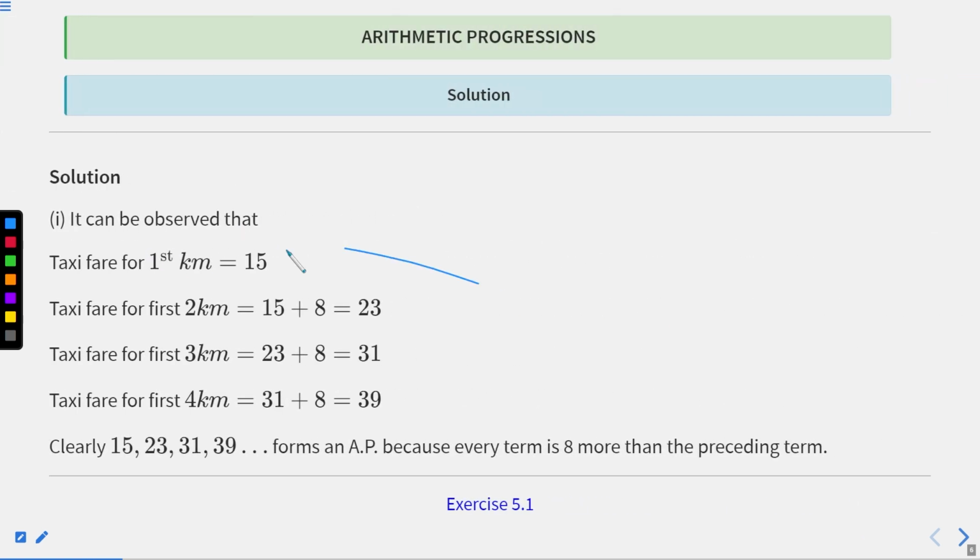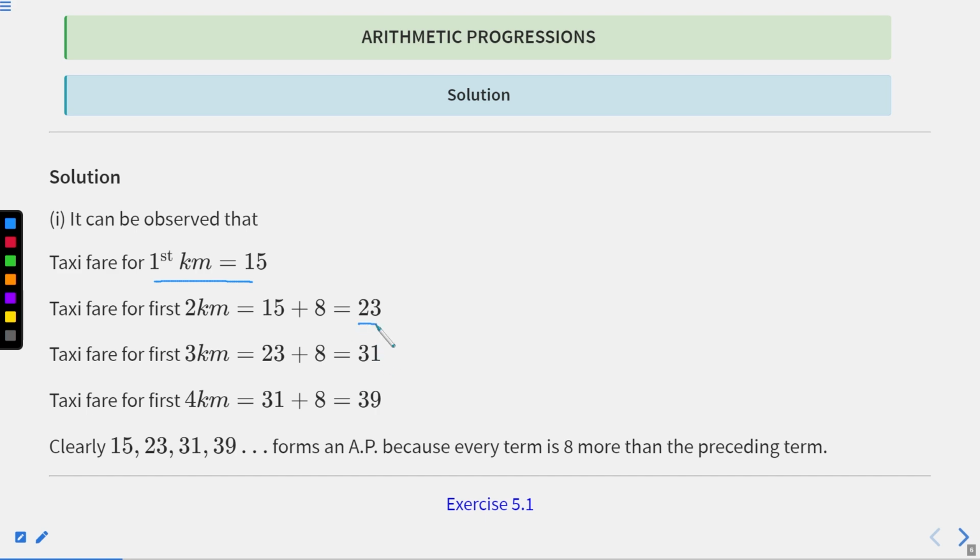It can be observed that the taxi fare for the first kilometer is 15 rupees, and the taxi fare for the first 2 kilometers is 15 plus 8, which is equal to 23.